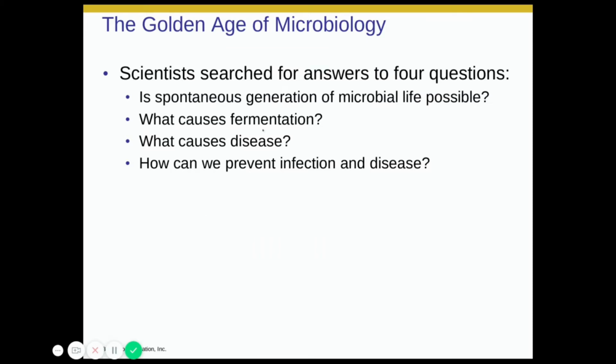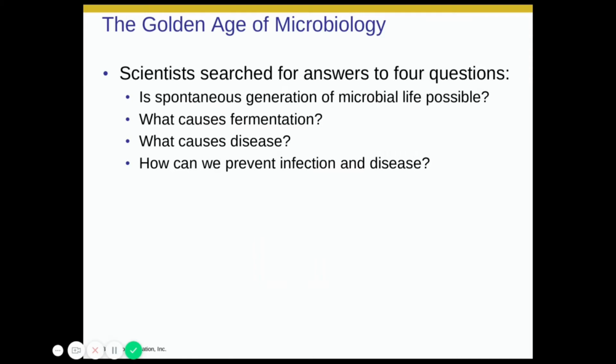Now, how we got to the answer of how microbes come into existence kind of came from some other things like fermentation. When we look at fermentation, we may be thinking about making alcohol, and this is one form of fermentation. From experiments done by Pasteur in fermentation, we actually figured that out, and it gave us more insight into what actually does cause disease and helped us to develop what we call germ theory, that a lot of the diseases that we have actually come from microbes.